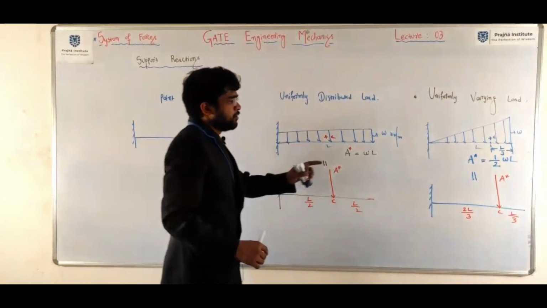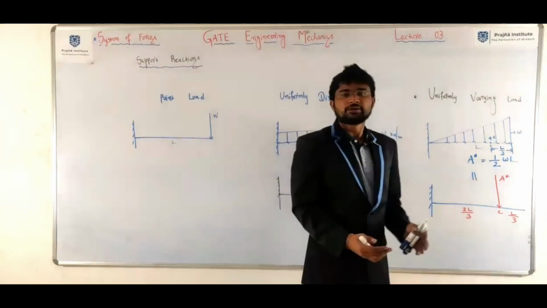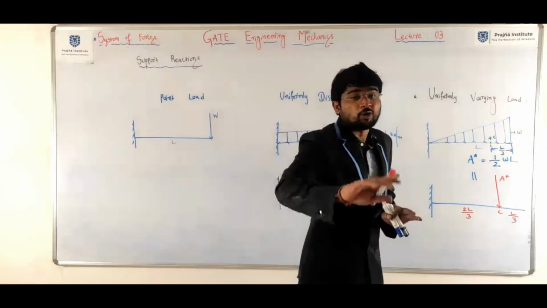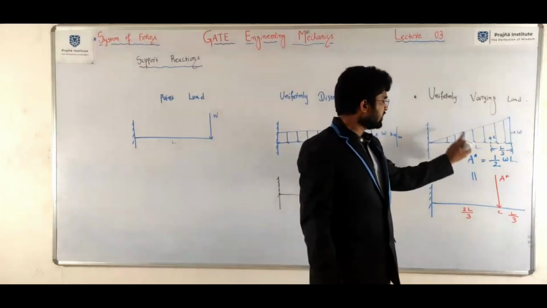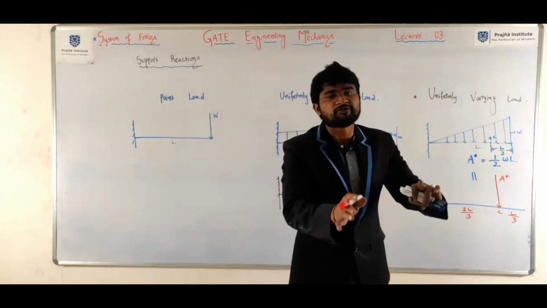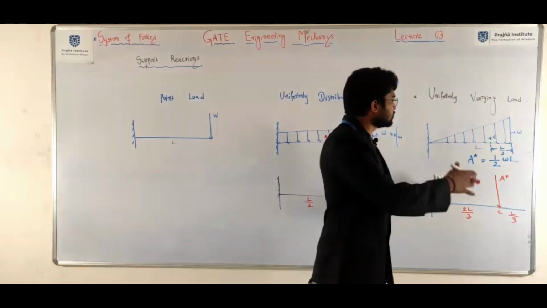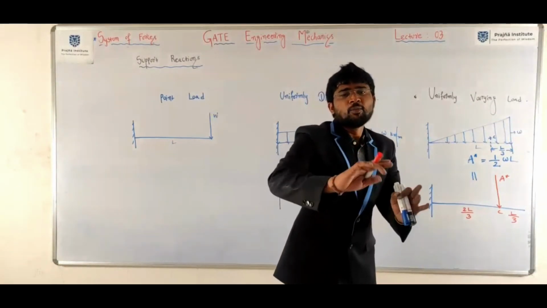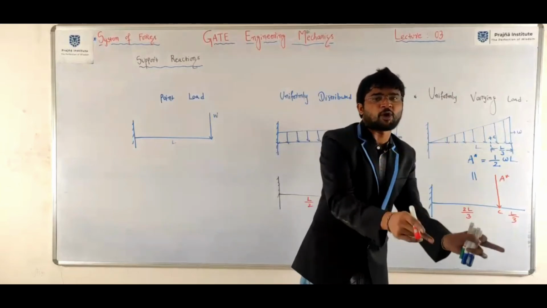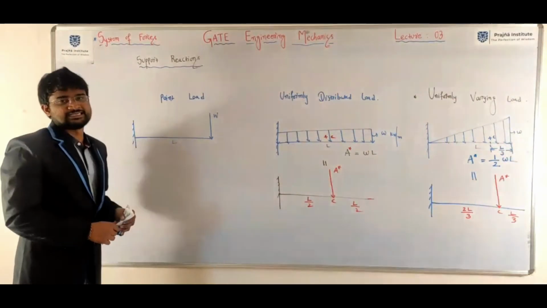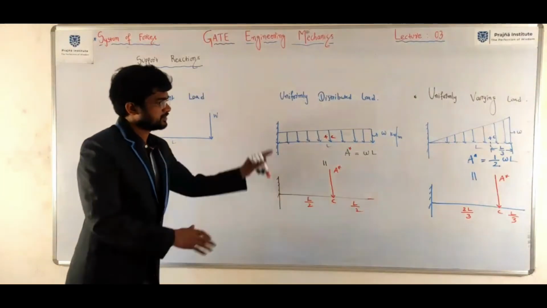We have varieties of problems. Now we need to focus on how to convert UVL into point load, UDL into point load, and a combination of UDL and UVL into point load. After that, we can discuss how to apply the moment of a force about a point to determine support reactions. Is it clear?